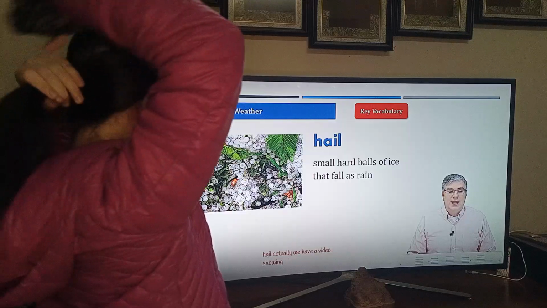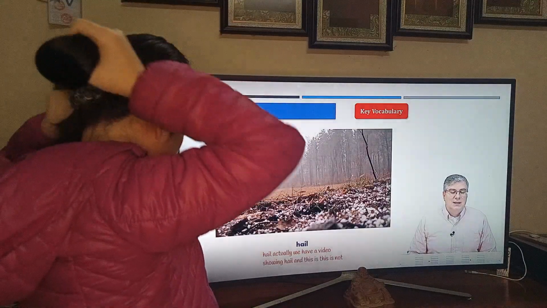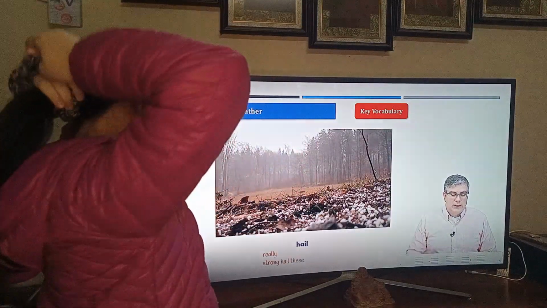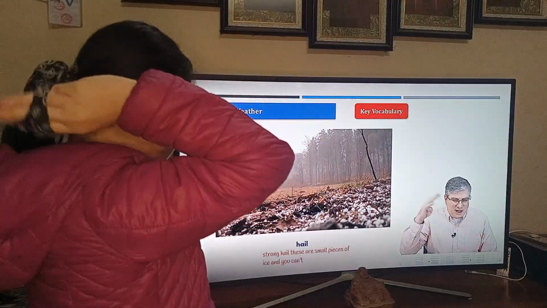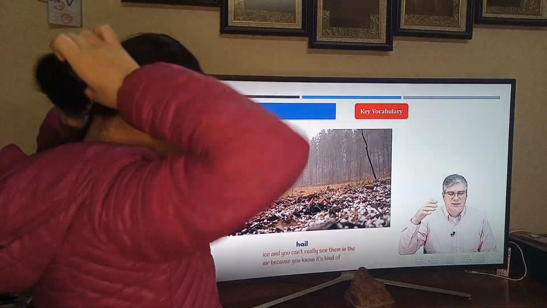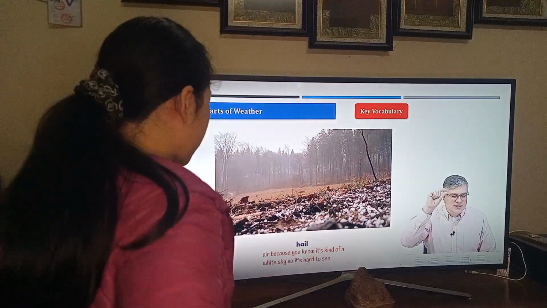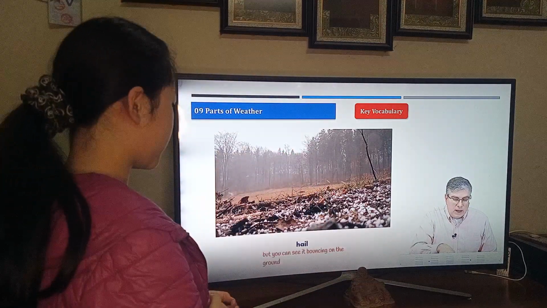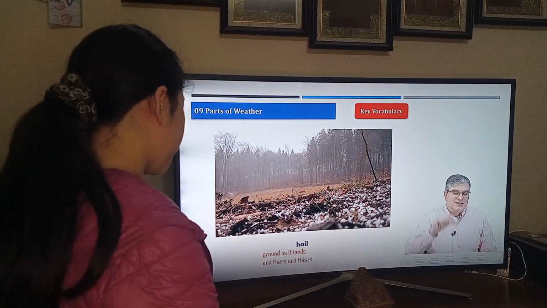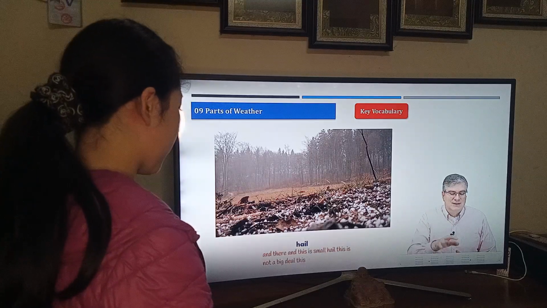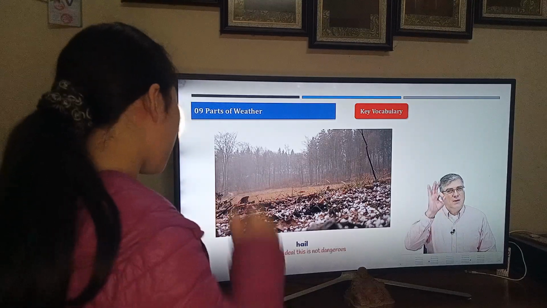So it's kind of crazy when you see hail. Actually, we have a video. There are small pieces of ice, and we can see it on the ground. It is a white sky, so it's hard to see, but this is small hail.